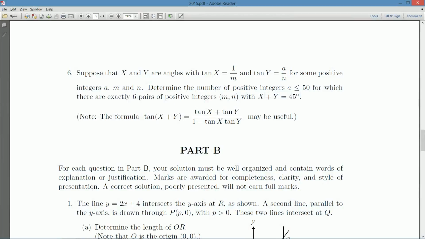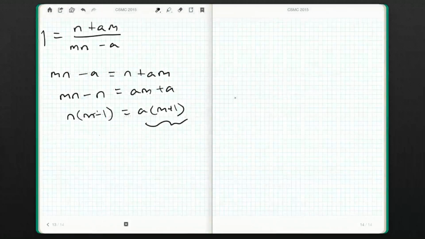This is ultimately all I've got to work with. We want positive integers m and n.